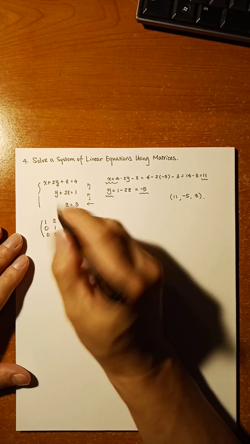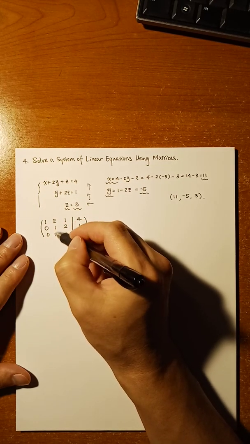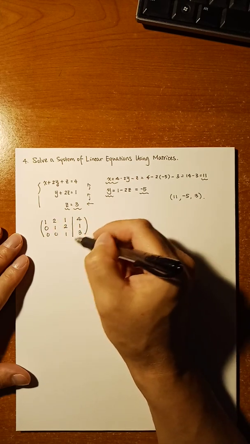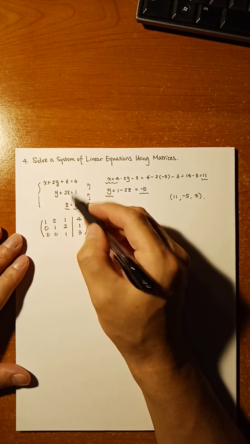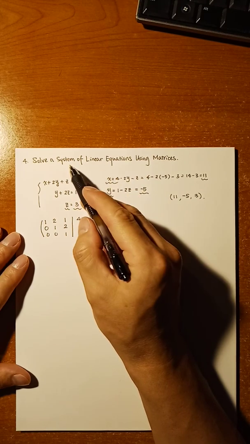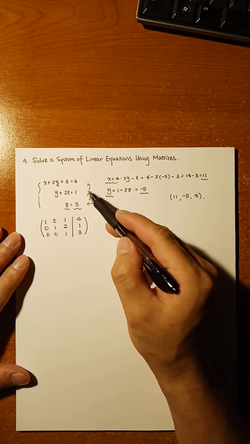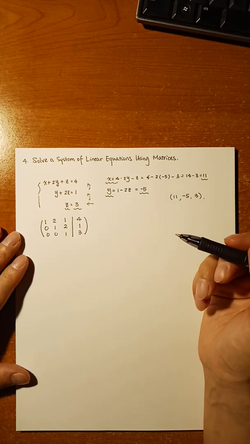Here is 2, it doesn't matter, it's not below it. If such an augmented matrix exists, then the corresponding system of linear equations can be solved by this back substitution.